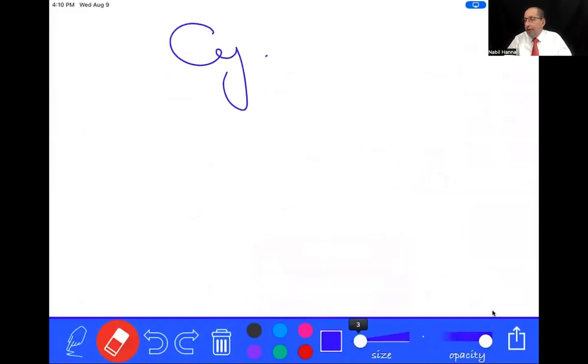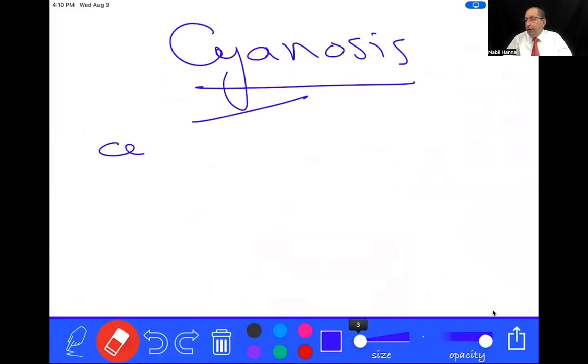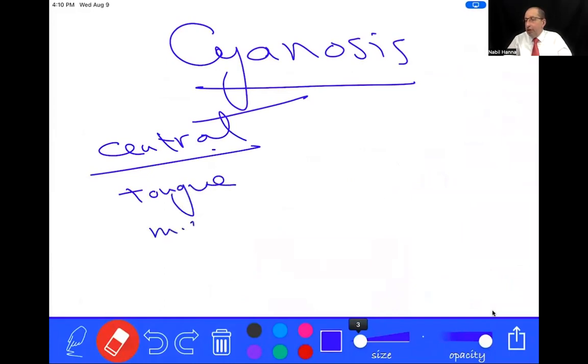Cyanosis. We call it central cyanosis when it is in your tongue, mucous membranes, and fingers and toes.